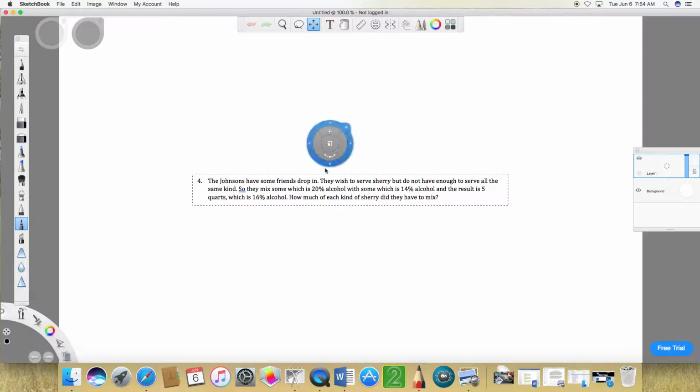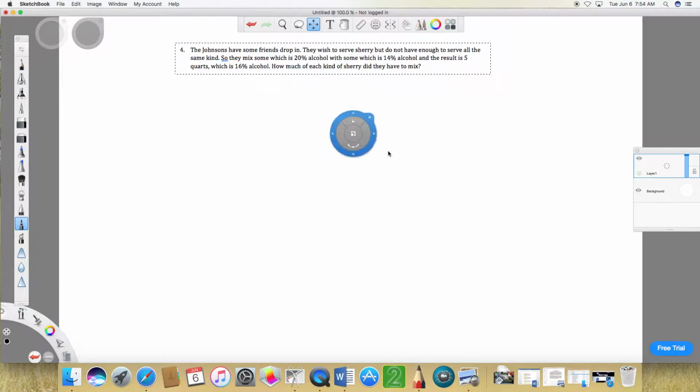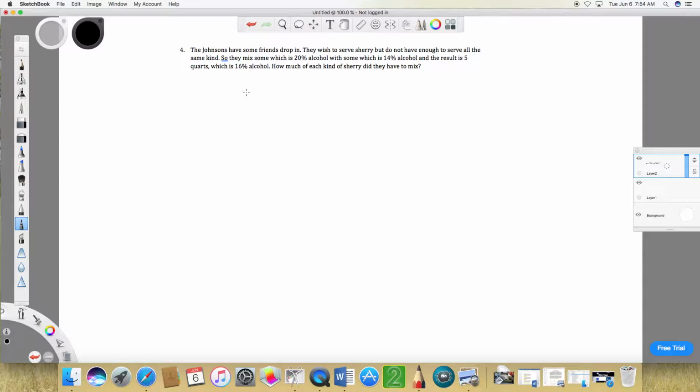And since I was having difficulty, it wouldn't let me shrink my previous work, I'm just going to get a new slate here. All right, so with the seesaw method, I want to identify the concentration that we're calling weak, identify our in-between concentration, and identify what we can call the strong concentration.